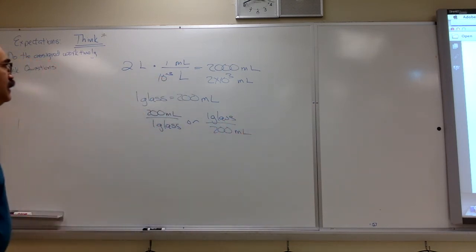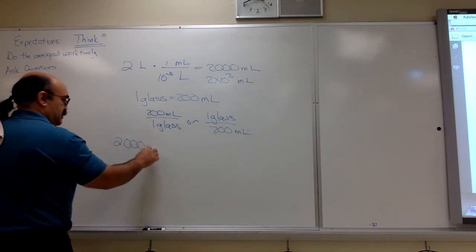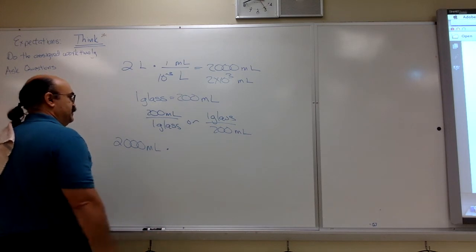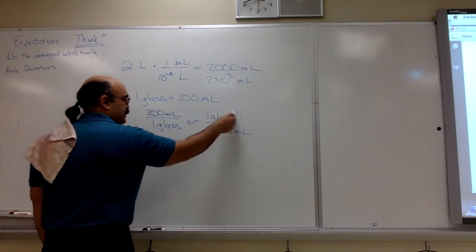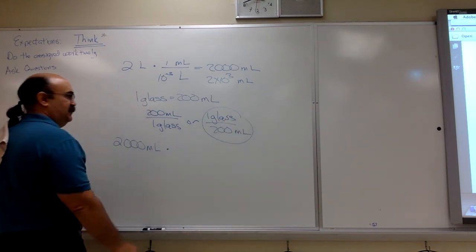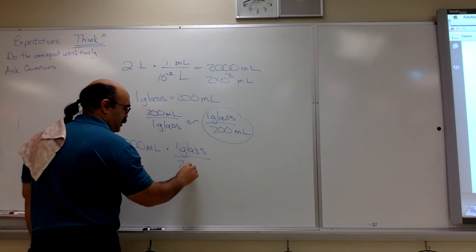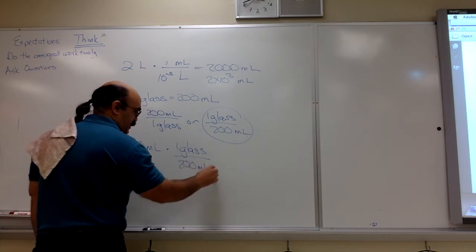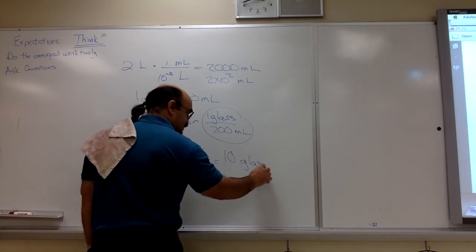I plug in 2,000 milliliters times the factor, well, I want glasses as my answer. Milliliters is going to cancel. I want to use this conversion factor. So it is 1 glass per 200 milliliters. I get an answer that is 10 glasses.